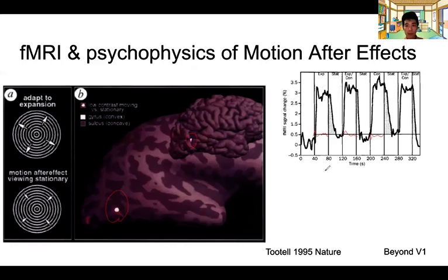So here, 40 seconds of expansion, and then 40 seconds of the static, and then expansion or contraction, and then static, contraction, static, expansion or contraction, and then static. So that's the design of the experiment, and each block is 40 seconds.